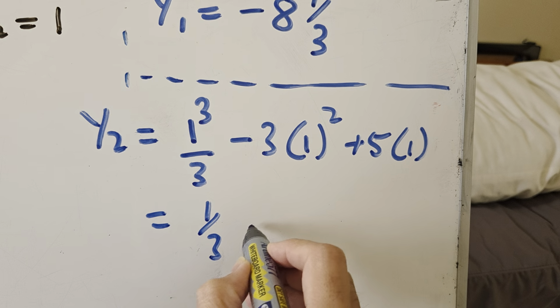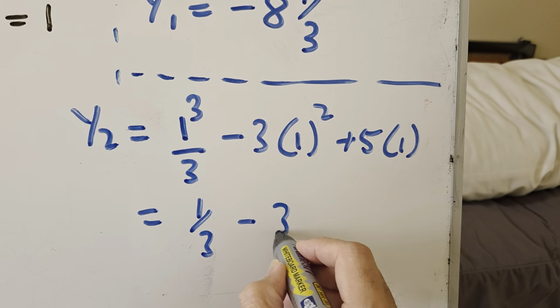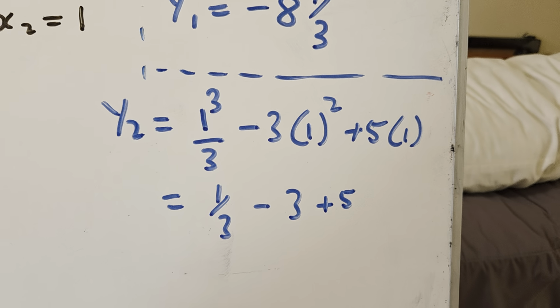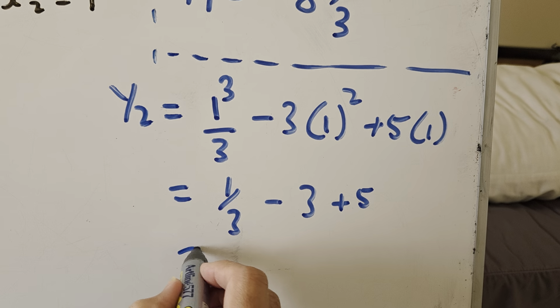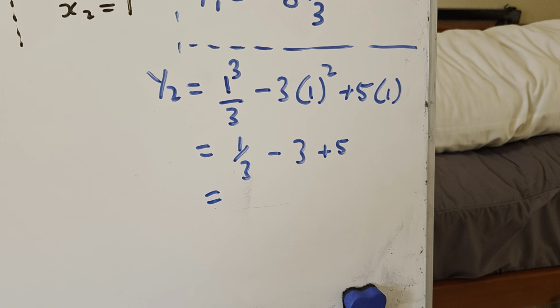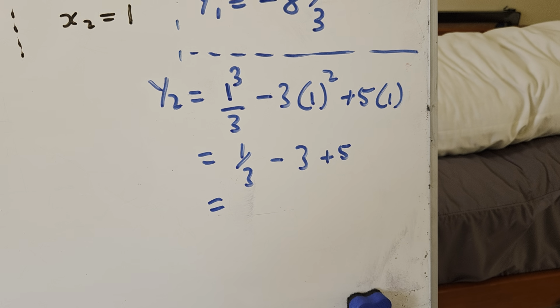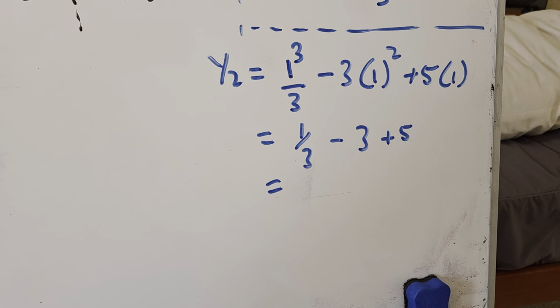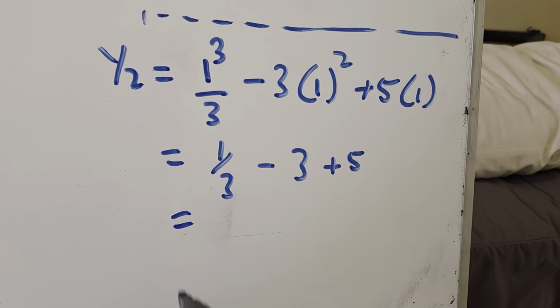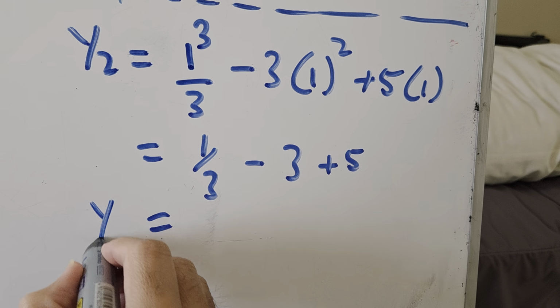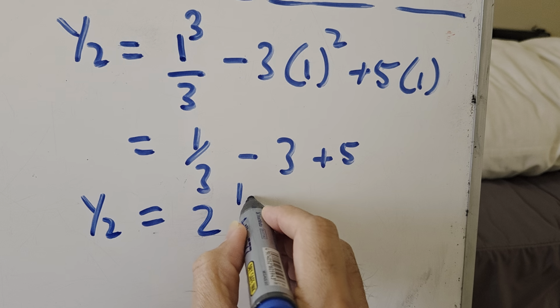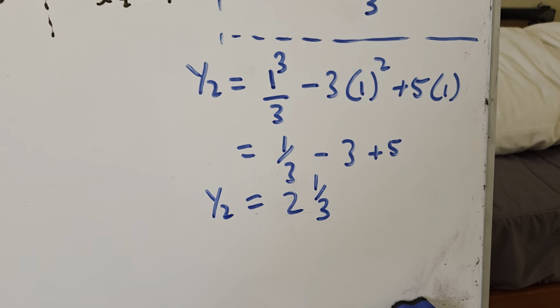So that is equal to 1/3 minus 3 plus 5. So let's use a calculator and see what we get for the y2. So using the calculator, we get the y2 value to be equal to 2 and 1/3, positive 2 and 1/3.